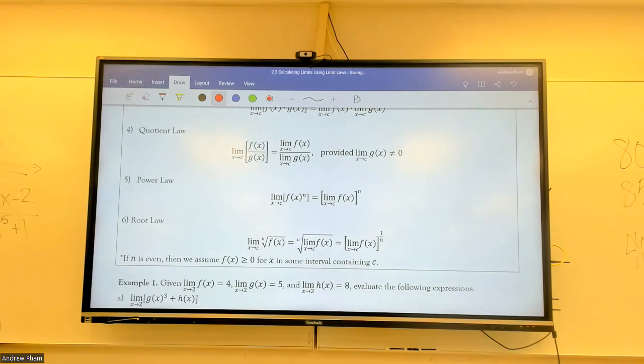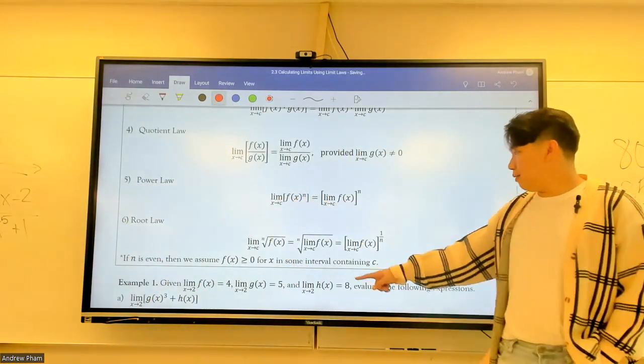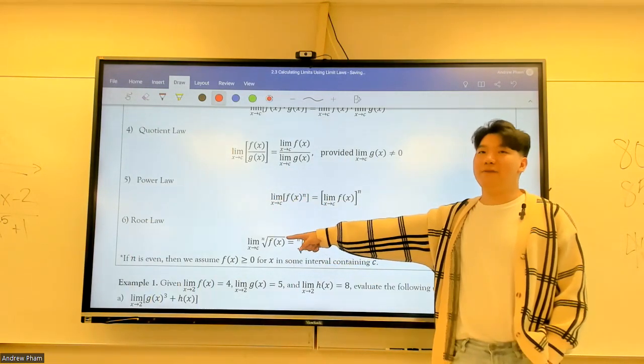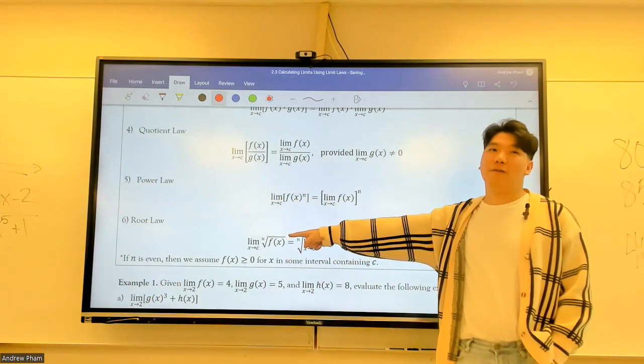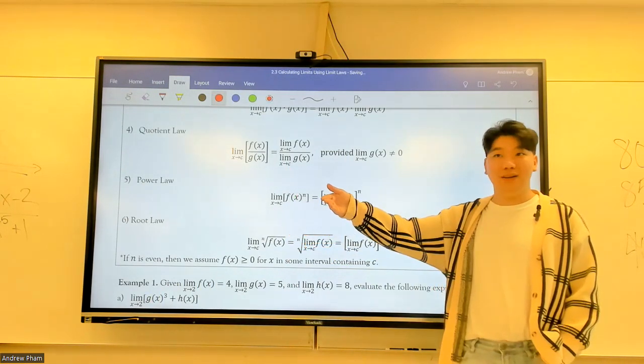And actually, even though I've listed them as separate laws, 5 and 6, they're pretty much the exact same law. Why is that true, that the power law and the root law are pretty much the same thing? If I take an nth root, like a square root, a square root can always be written as a power.